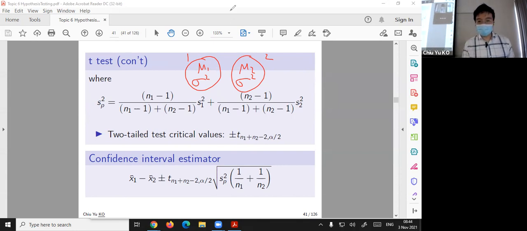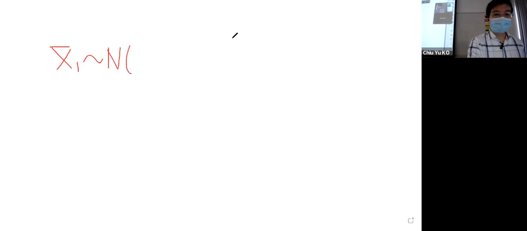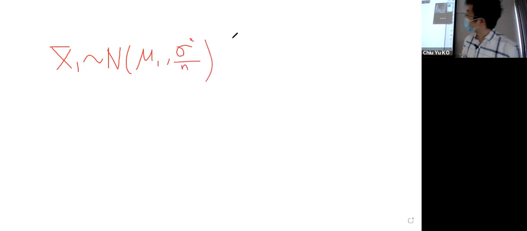So let me very quickly use the whiteboard to explain a little bit of math. You don't have to fully follow; it's just for those who like the math. x1 bar, according to the central limit theorem, will be this, since you assume that they have the same variance, so that's why the sigma is sigma square.